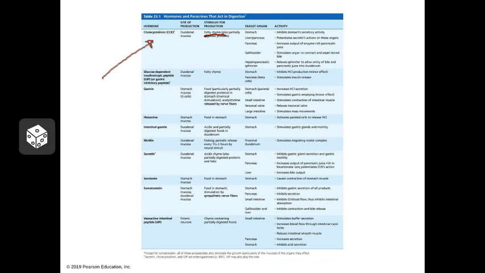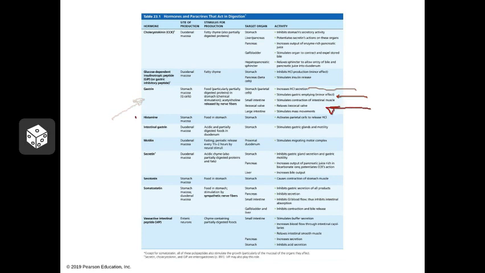We have seen GIP, glucose-dependent insulinotropic peptide, sometimes called gastric inhibitory peptide, that also responds to a fatty chyme. Gastrin increases hydrochloric acid secretion, stimulates gastric emptying, etc. All of these things.